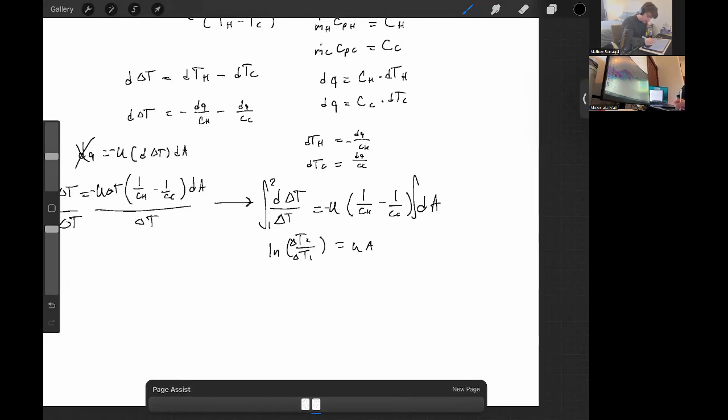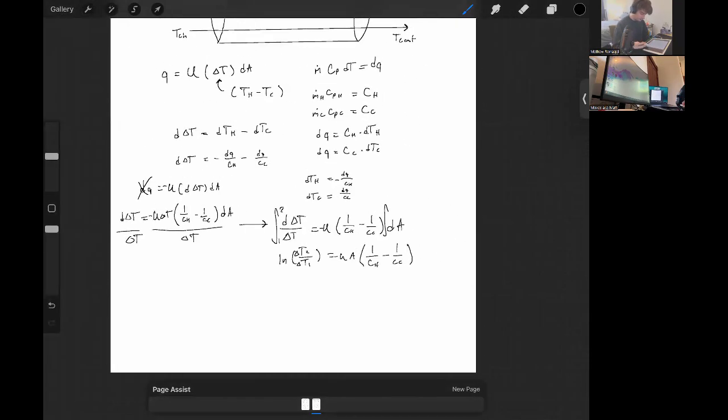Sorry. Negative U times A, which is our actual area for the system if we took the derivative of it, over 1 over C of H minus 1 over C of C.